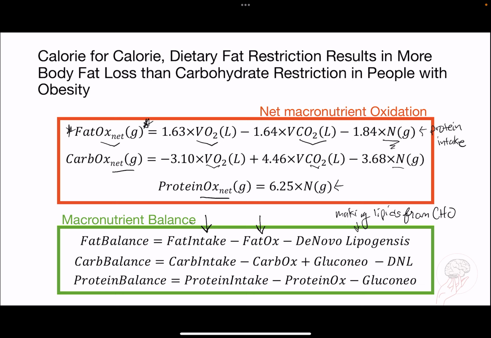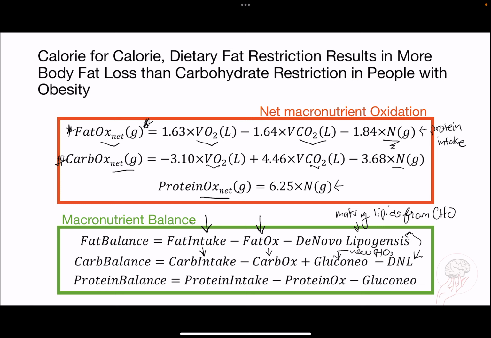Carb balance is carb intake minus carb oxidation plus gluconeogenesis, because this is new CHOs, and minus de novo lipogenesis. We're subtracting de novo lipogenesis because these carbs are now being used up here in fat balance.